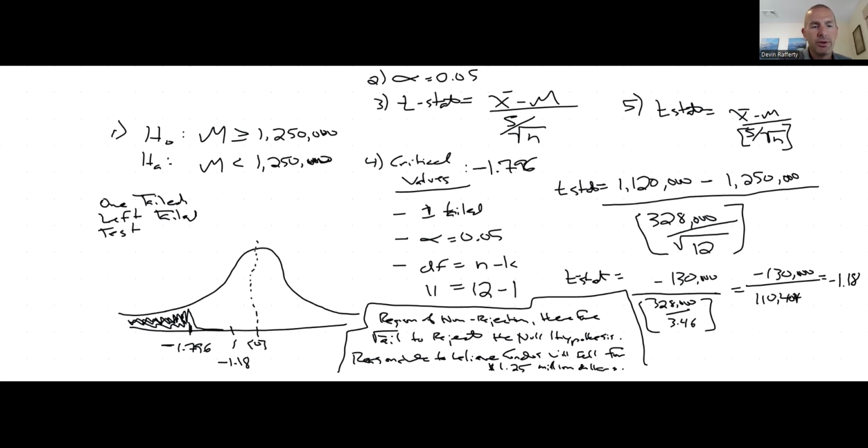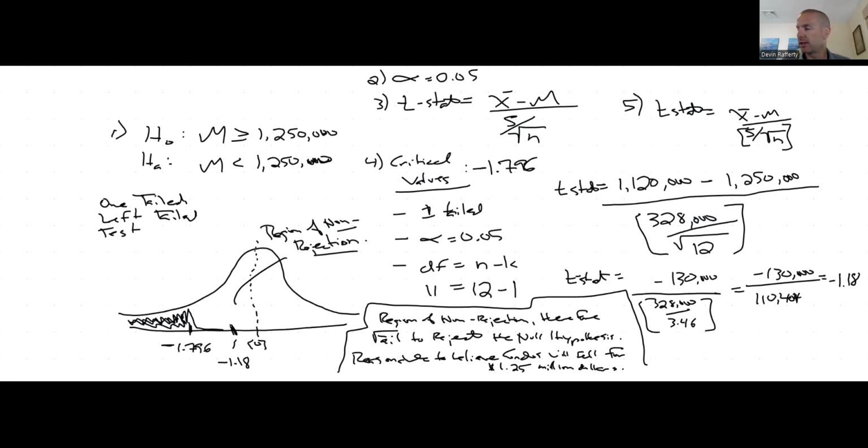So in other words, my test statistic is in the non-shaded region, the region of non-rejection. So since I'm in the region of non-rejection, I fail to reject the null hypothesis.